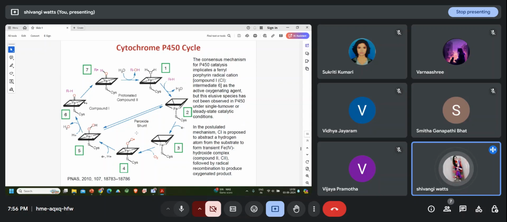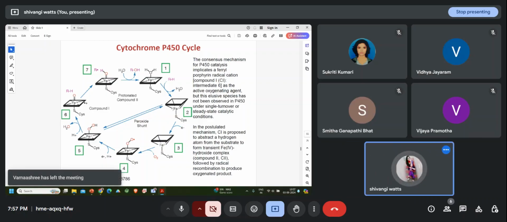Hydrogen peroxide, H2O2, has oxygen present as O2 2 negative. In this step, the peroxide shunt, the iron oxidation state is not changing.